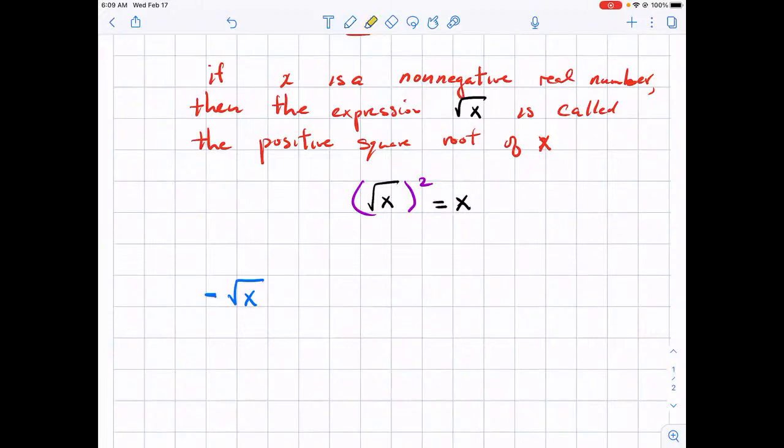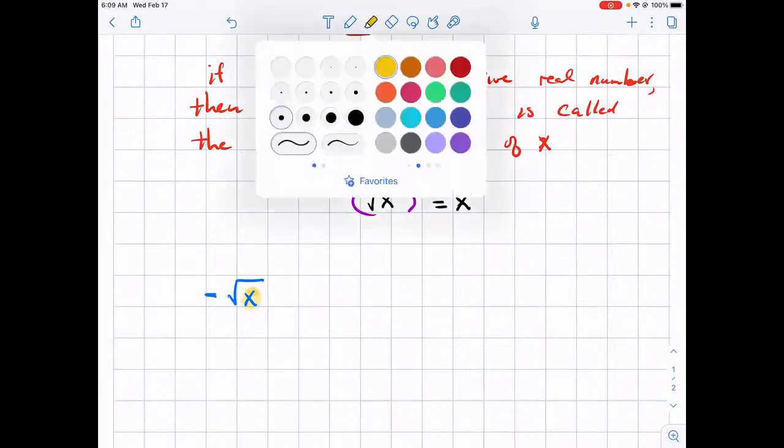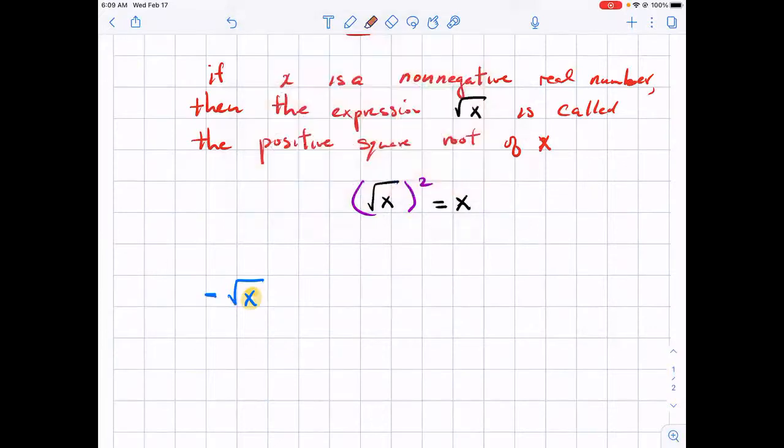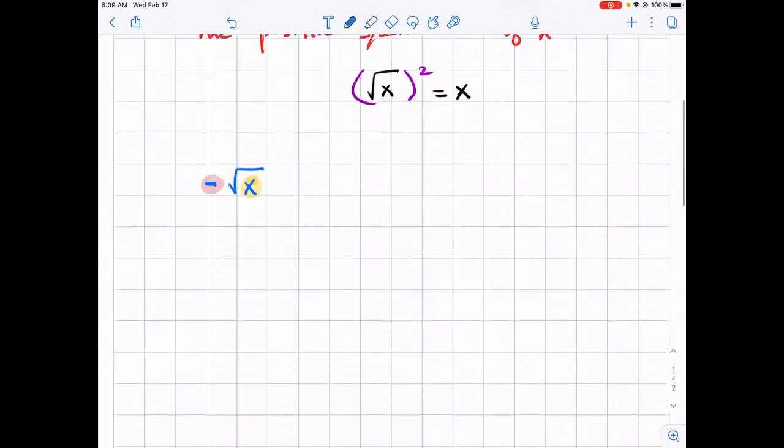Notice that the root here is still positive. The negative is on the outside of the root. So that's something to really pay attention to.